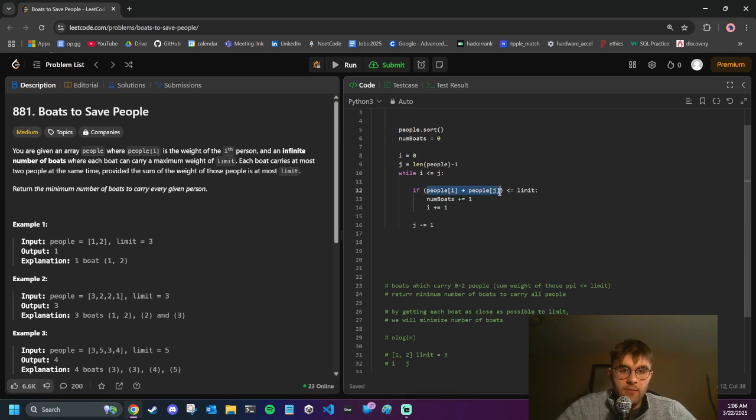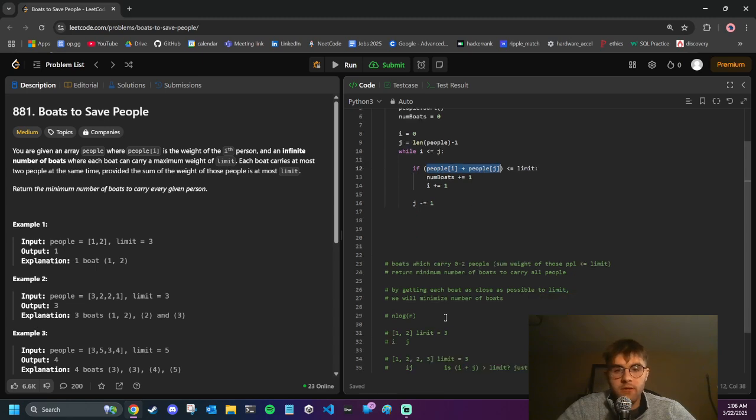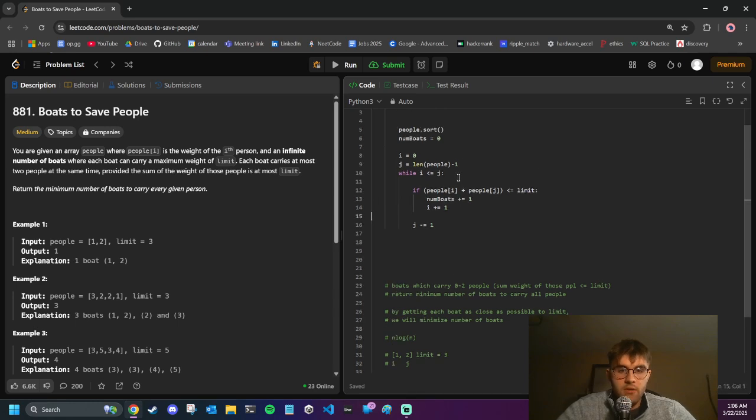If it's less than or equal to the limit, we can fit both of them, so then we're just going to move both the pointers in. Yeah, I'll have it like that.